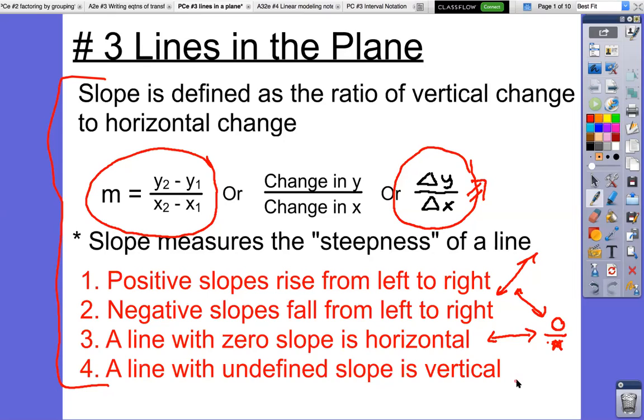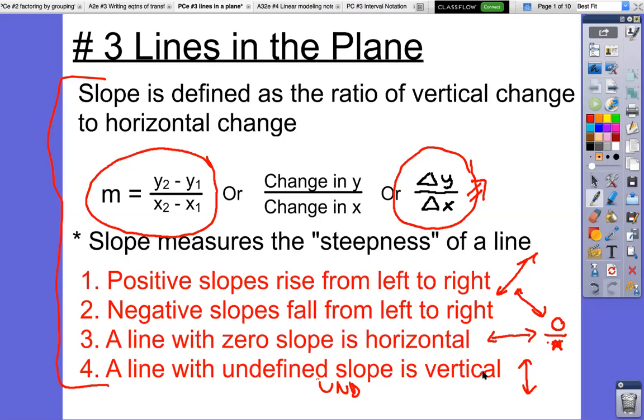If you have an undefined slope, up and down is undefined, which can't happen in real life. The reason that's undefined is because that's saying that something has changed and no time has taken place. So whatever stat you want, and the one that comes to mind in baseball is that, let's say somebody's a .300 hitter, well, they can't become a .400 hitter unless they take more plate attempts.